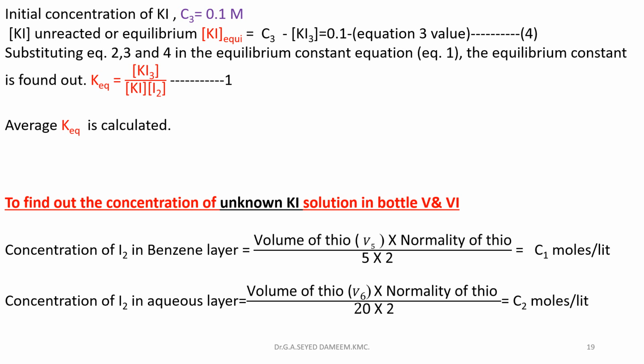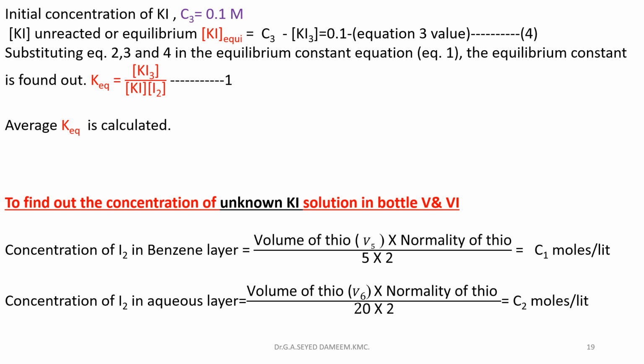Here the titer values are indicated by the symbols V5 and V6: V5 is the titer value for the organic layer and V6 the titer value for the aqueous layer. The organic layer is titrated against about 0.1 N thio, so the exact normality of thio is substituted in determining the concentration of iodine in the organic benzene layer.